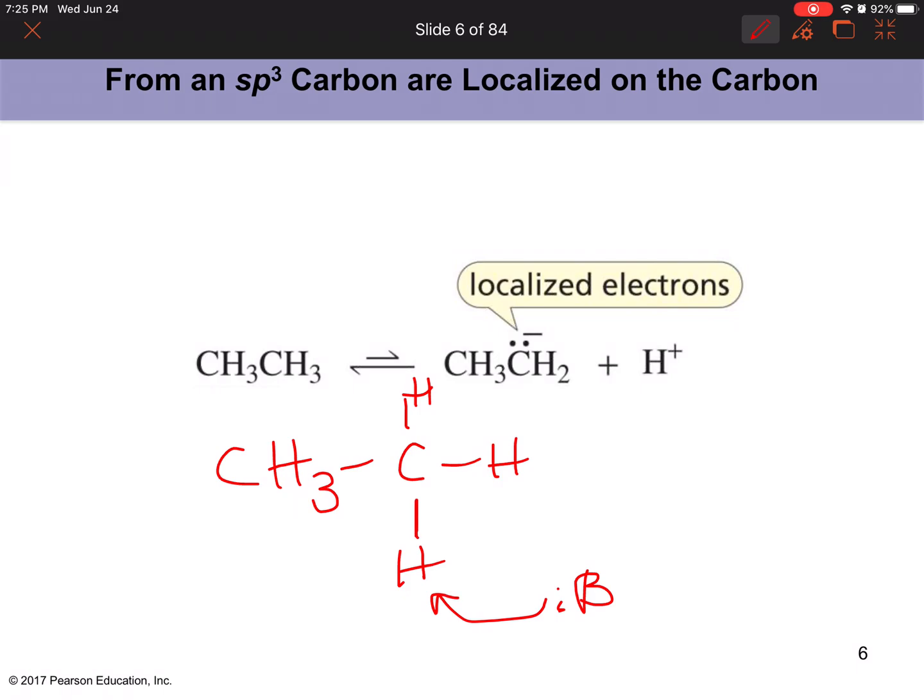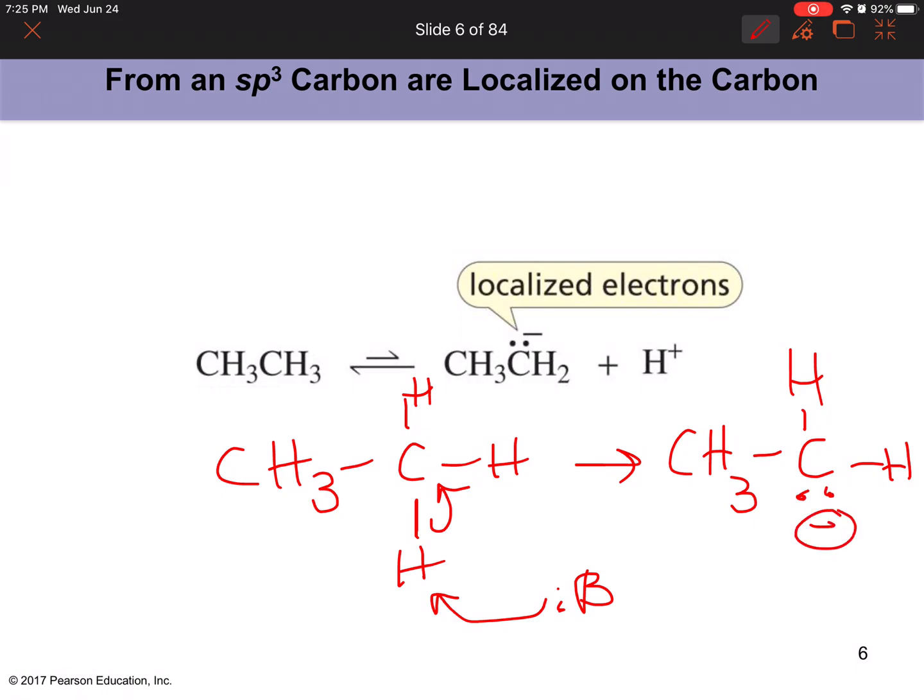Now the electrons in this bond are given to this carbon. So the carbon will end up having two hydrogens and a lone pair, which generates a negative charge on the carbanion. Now there is nothing that can stabilize that carbanion.